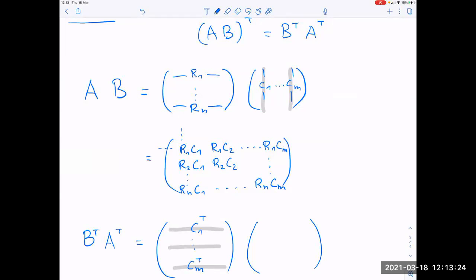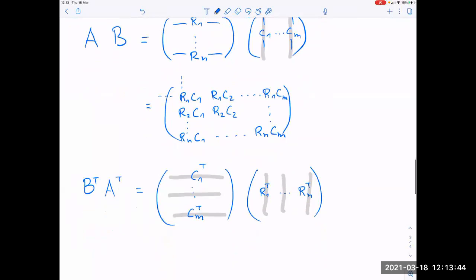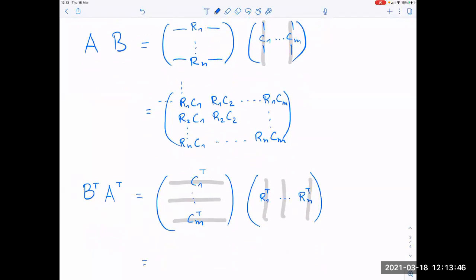And similarly, what are the columns of A transpose? Well, you probably know by now. They are going to be the rows of A. So this is row 1 transpose, all the way to row n transpose. Okay, so now I compute the product here.